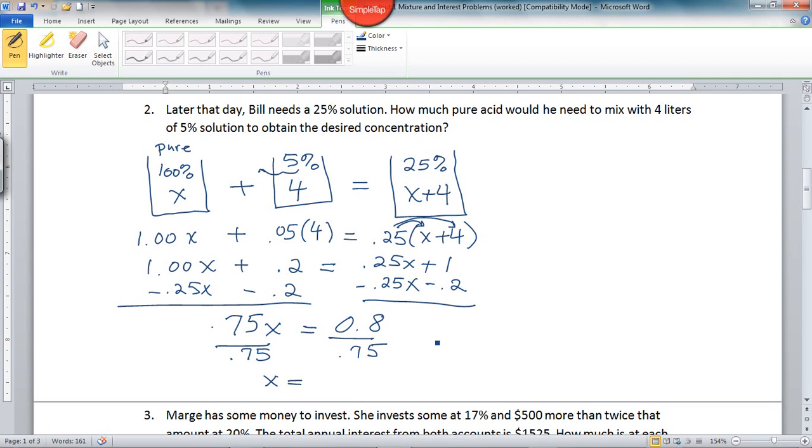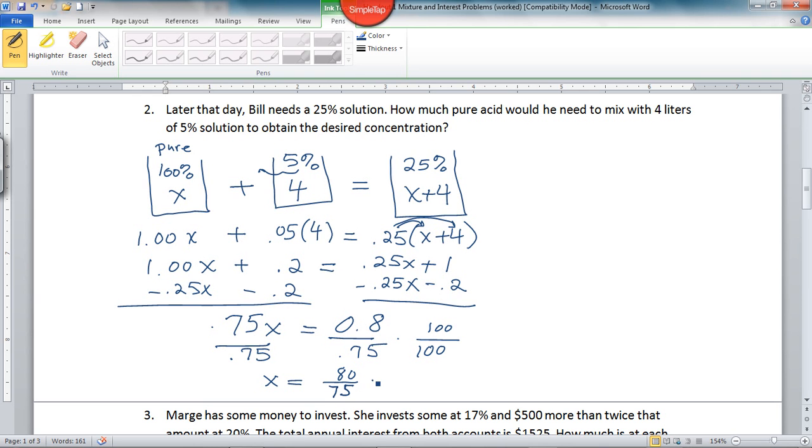To get rid of these decimals, what I can do is multiply. Since I've got two places on the bottom, let's multiply top and bottom by 100. Well, we do that, what we wind up with is 0.8 times 100 is 80, and then 0.75 times 100 is 75.